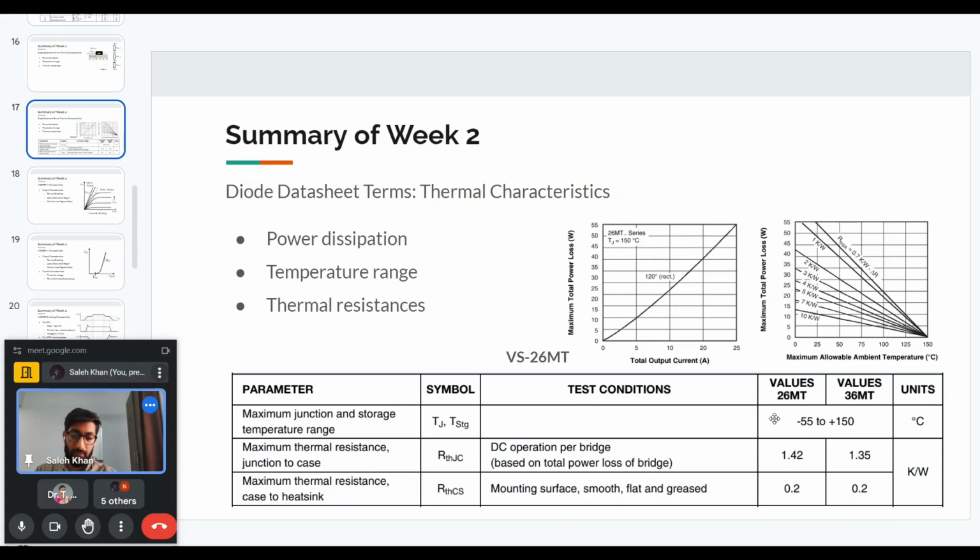Based on that junction temperature, update the value of RDS, and then again find the loss and the temperature rise. After some iterations, the temperature rise and the power loss will converge to some value. That is a bit complicated, but if you want a more accurate picture, that is how you can do it from the datasheet.